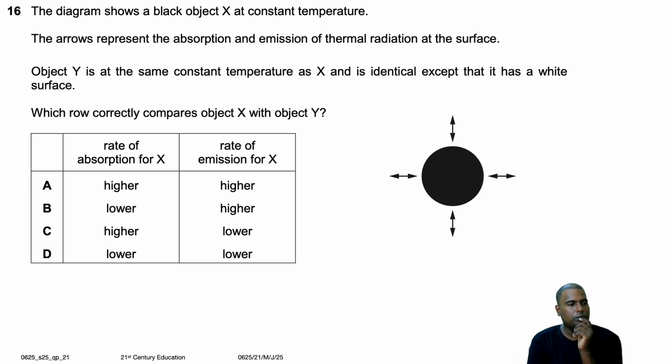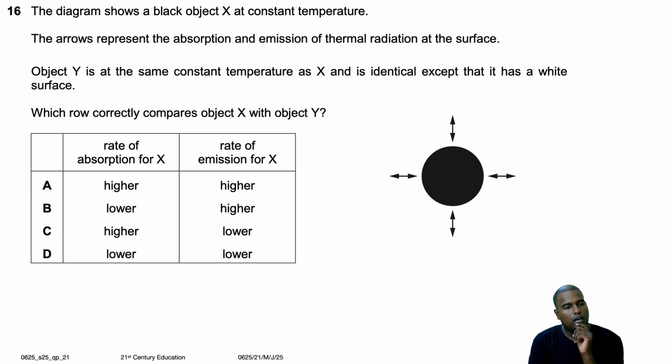The diagram shows a black object X at constant temperature. The arrows represent the absorption and emission of thermal radiation at the surface. Object Y is at the same constant temperature as X and identical except for its white surface. Which row correctly compares object X with object Y?